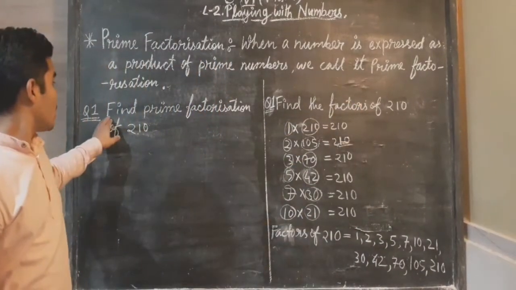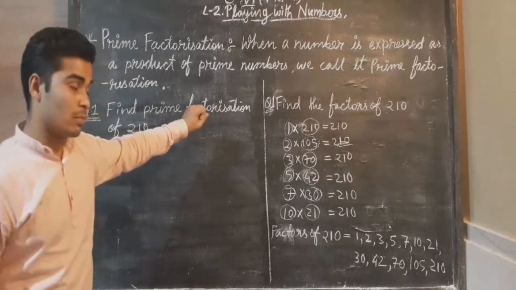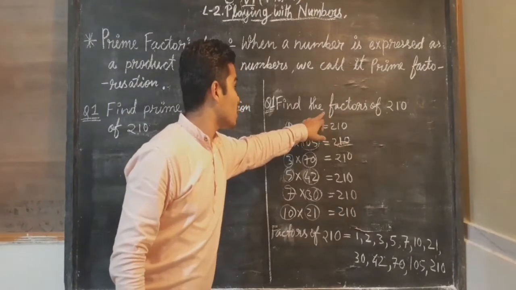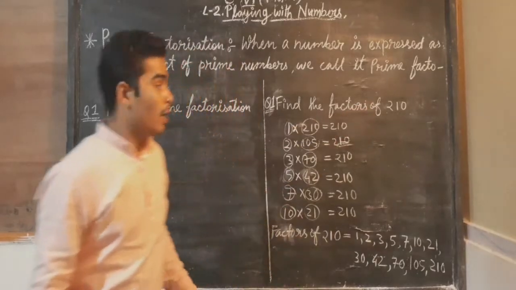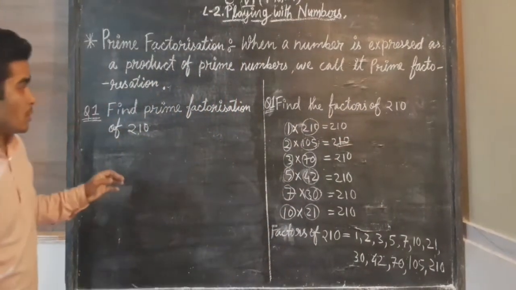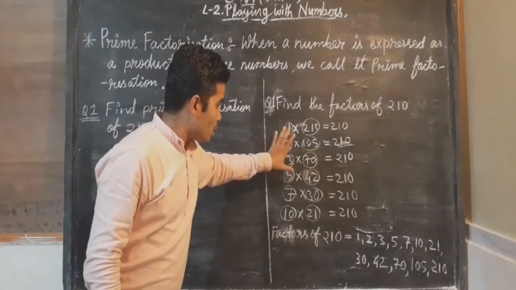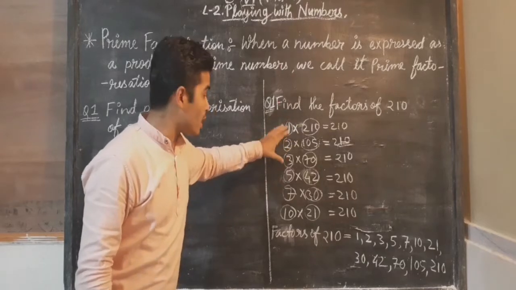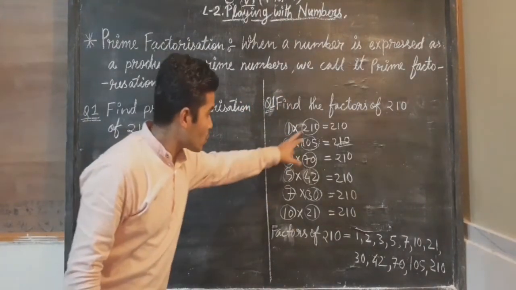In this question you will not see the word prime. In this case, what should we do? Here I have already found all the factors of 210 by using the multiplication method, which I already explained. So using that method I have found the factors of 210.